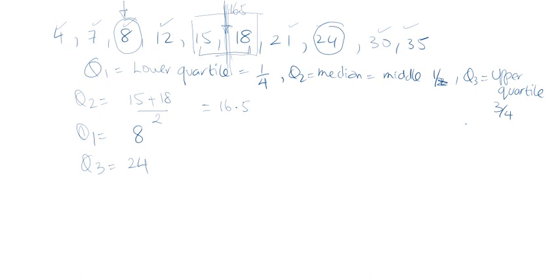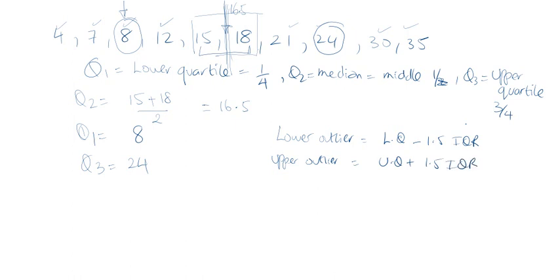Now, if you need to spot outliers, you have a formula for that, which is actually in the notes. If you need to find the lower outlier, it's the lower quartile minus 1.5 times the interquartile range, and the upper outlier is the upper quartile plus 1.5 times the interquartile range.